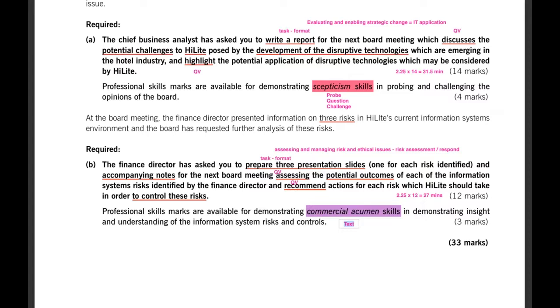Under this particular commercial acumen, you are supposed to be demonstrating, you are supposed to use judgment, and you're supposed to show insights.